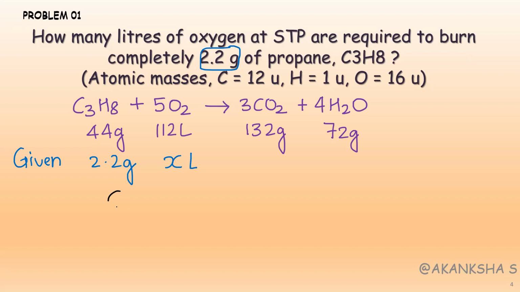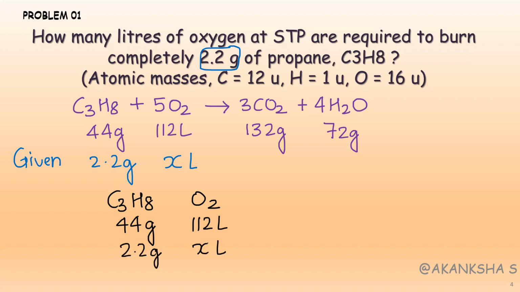Okay, so we know C3H8 and oxygen have a correlation over here. We have 44 grams of propane and we have 112 liters of oxygen. They have given us 2.2 grams of propane and X liters. Simple notion that we have followed: cross multiply.